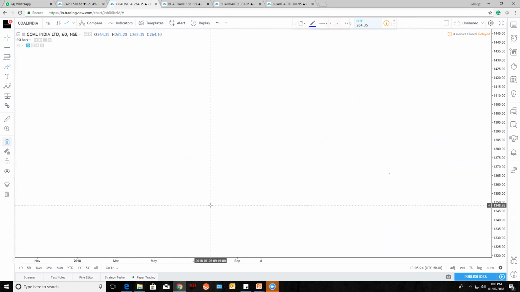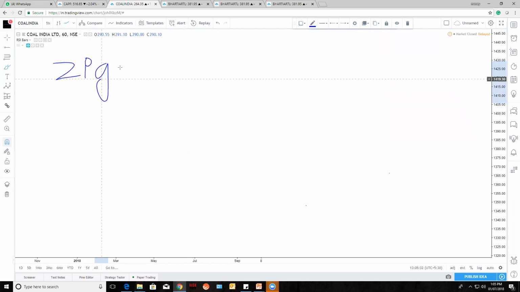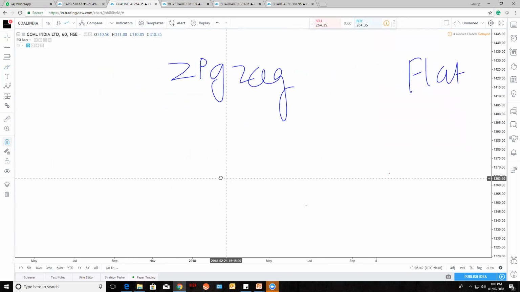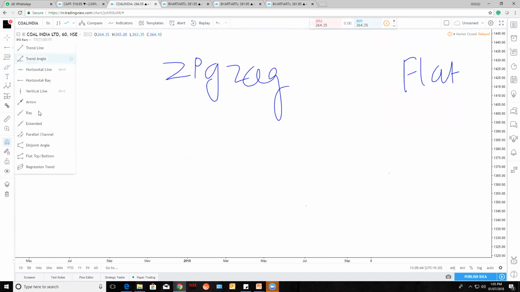We will go with the corrective part. Let's say it's a zigzag. It's a flat. Rules are simple here. Let's go. What are the rules?